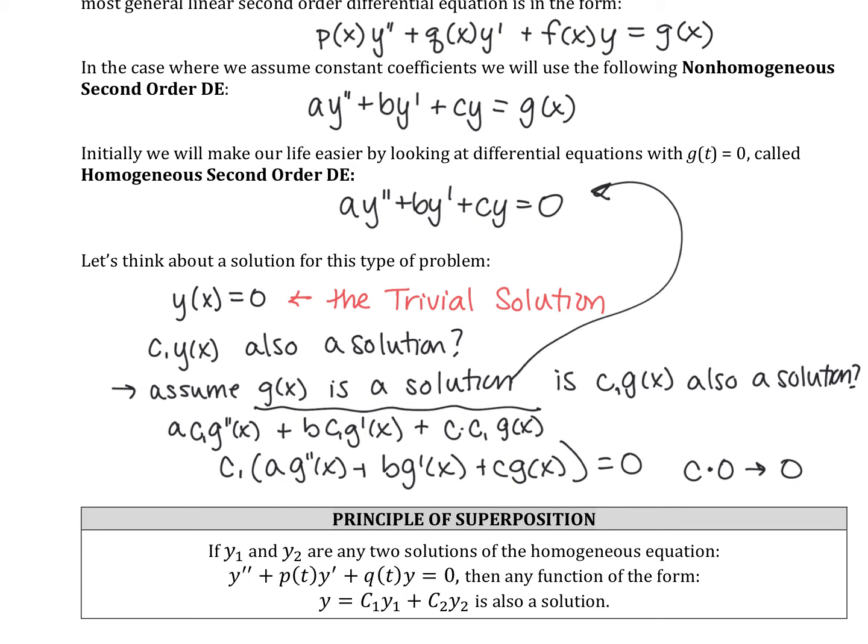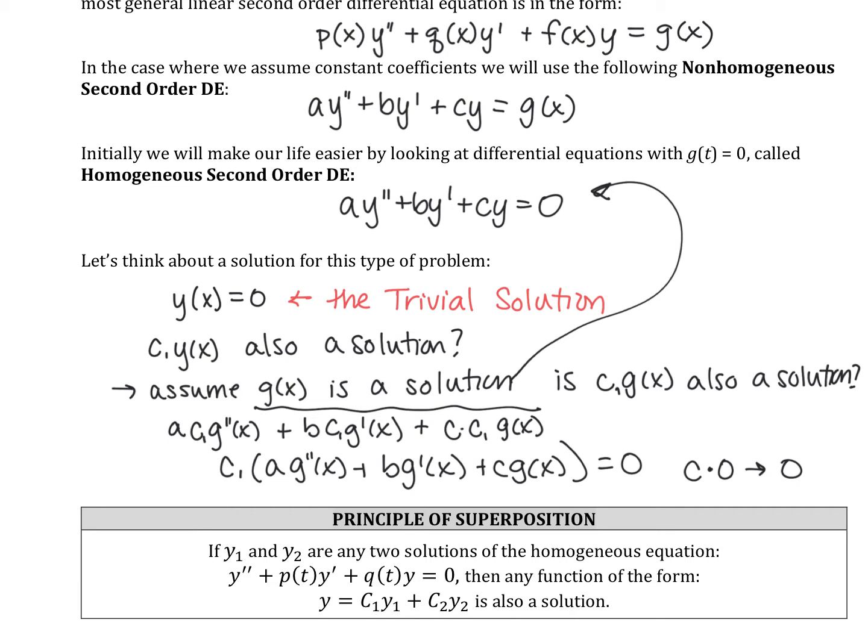Okay, so that leads us to this principle that we have. It's called the Principle of Superposition. And it says if we have some solutions, y1 and y2, and we know they're solutions, then any constant times y1 or any constant times y2 is also a solution.